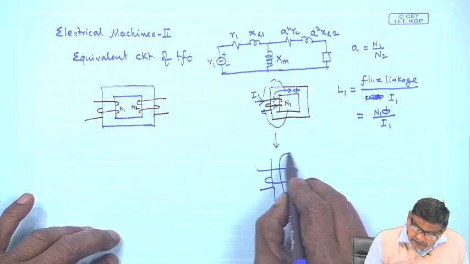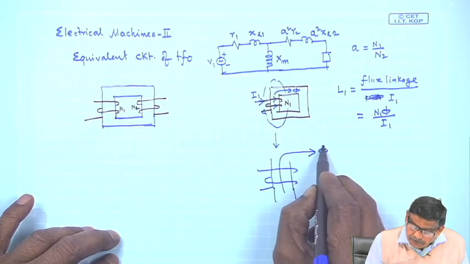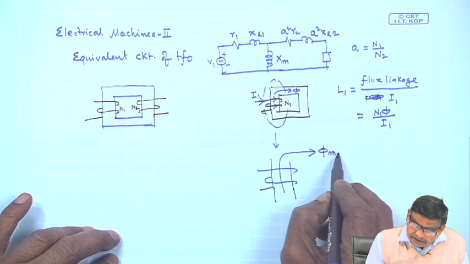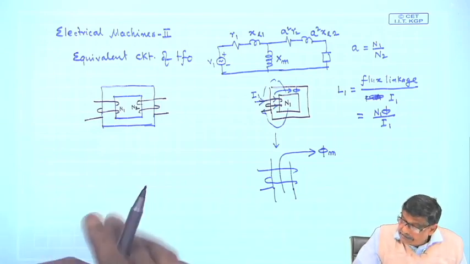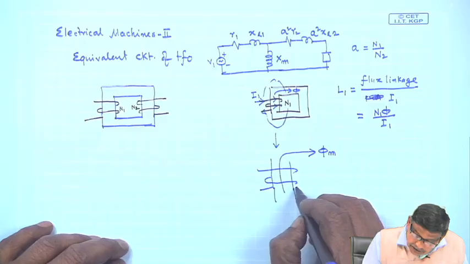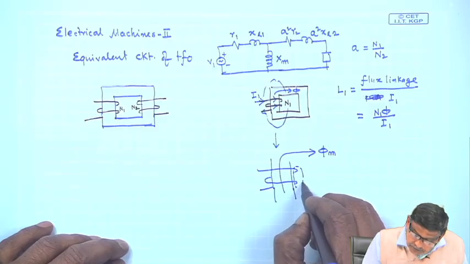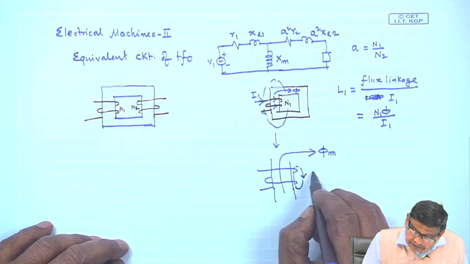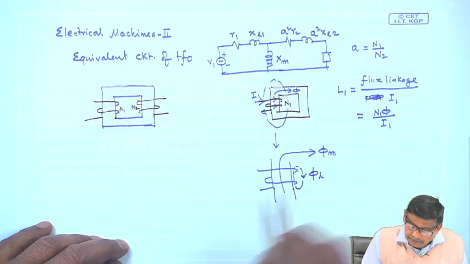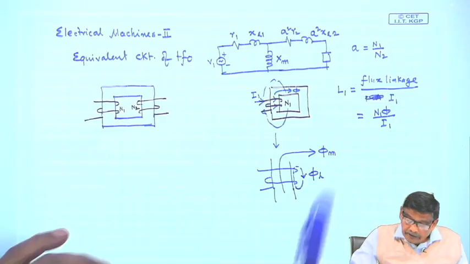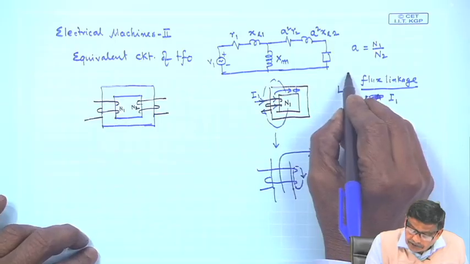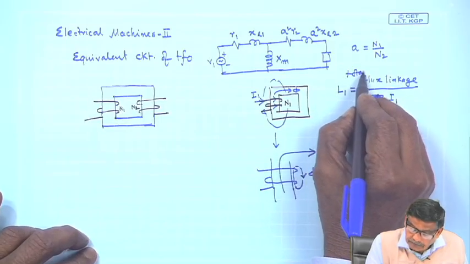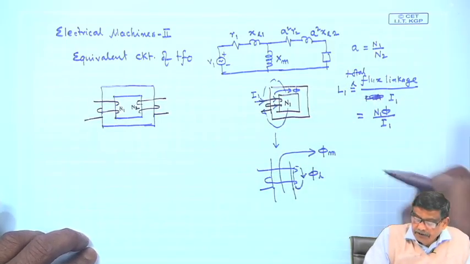There will be some flux which will be confined to the core, and that I call phi m, mutual flux, and there will be some flux lines which will complete their path through the air gap, and this is called leakage flux. But the definition of inductance says that it is the total flux linkage, okay? Total, per unit ampere.